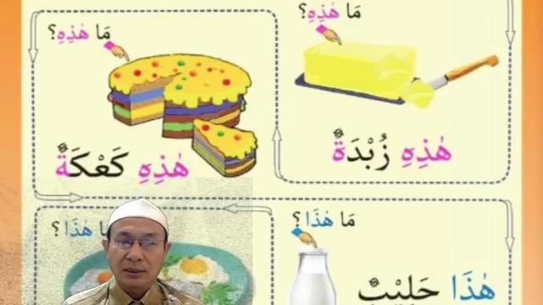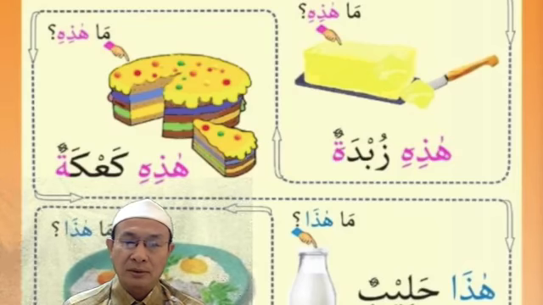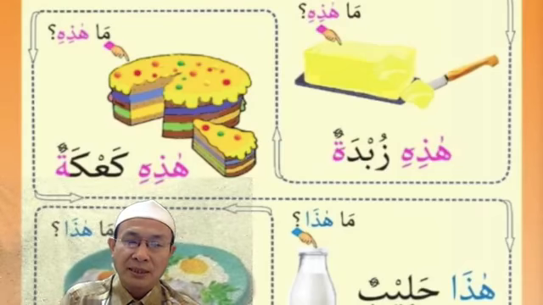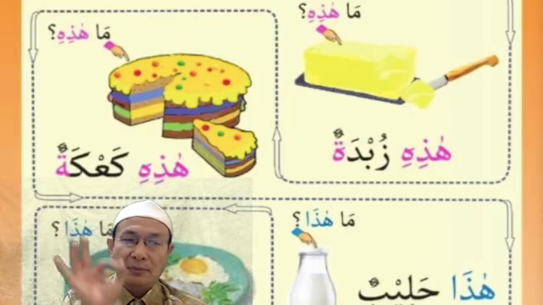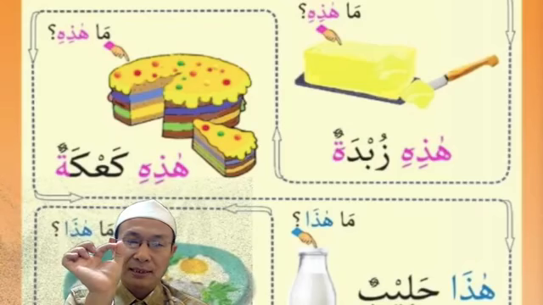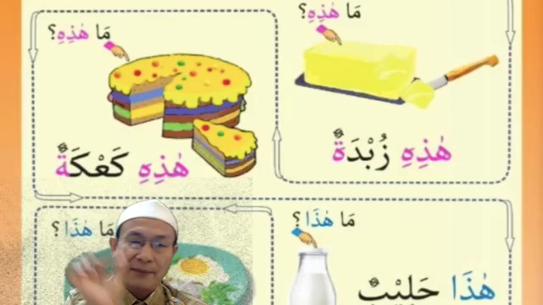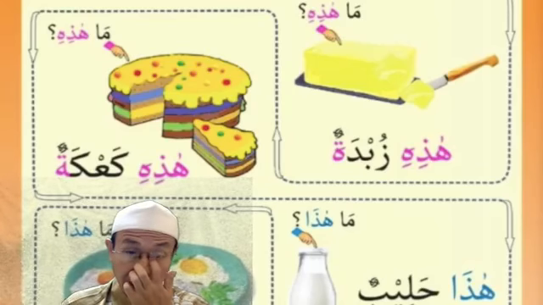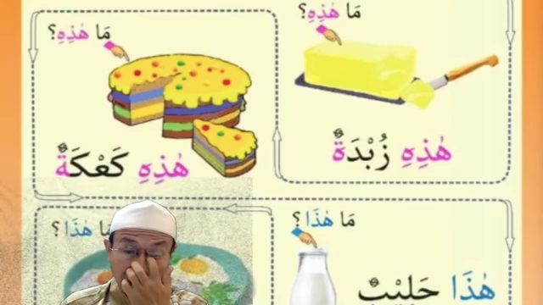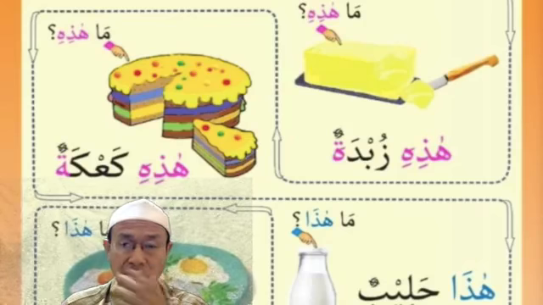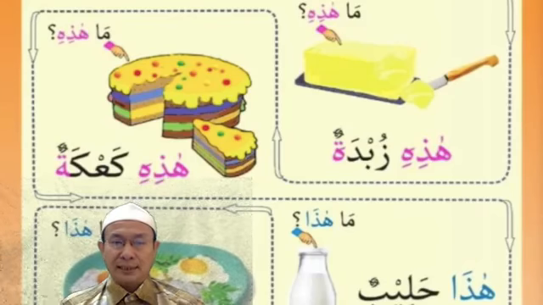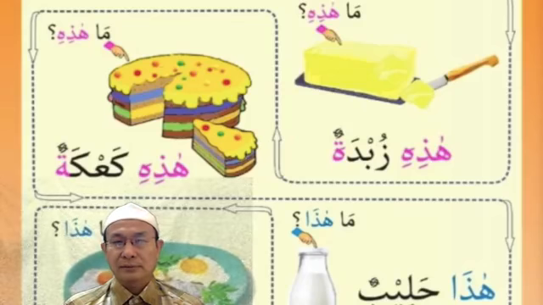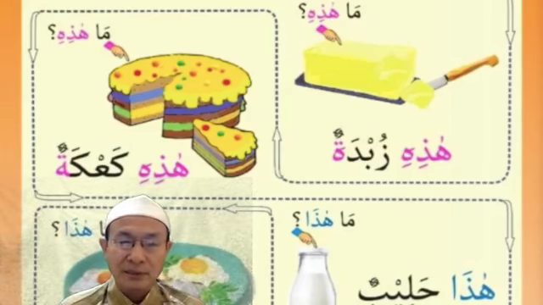Zubdatun. Alright, do you notice that the last letter is ta marbuta? The ta looks like a circle ta in pink color. So if you see any Arabic word having ta marbuta at the end, it means that word is a female word.